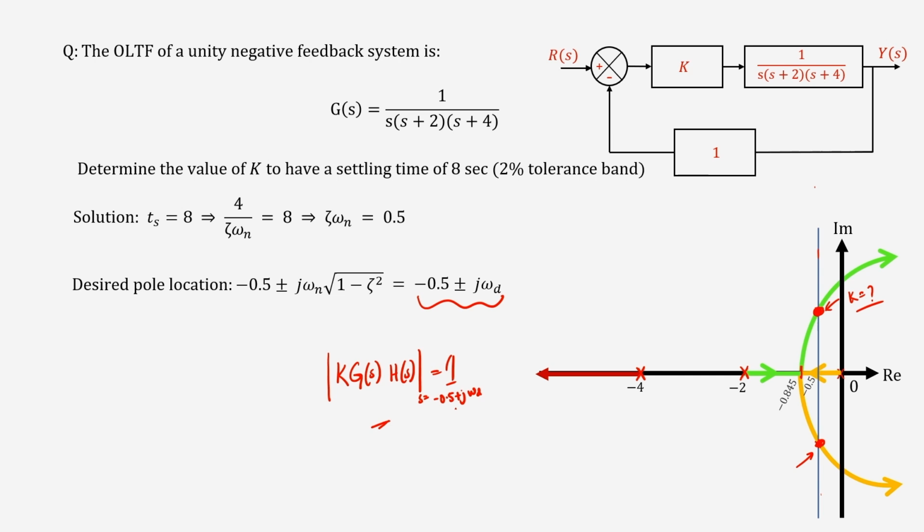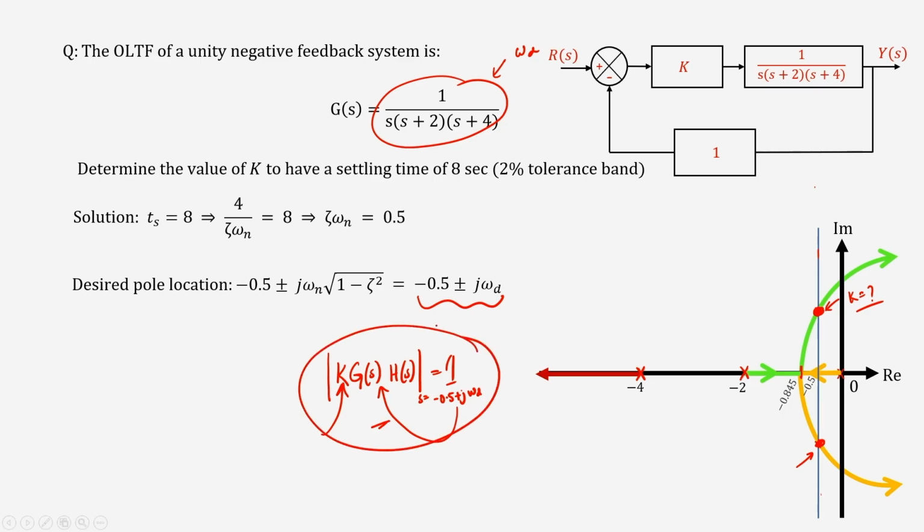If I plug this in the transfer function, it will become a function of omega d, because omega d is not known, and k is also not known. So I will have an equation with two unknowns, k and omega d. There can be infinitely many solutions, but I do not need infinitely many solutions. I need that exact solution where this line cuts the root locus.